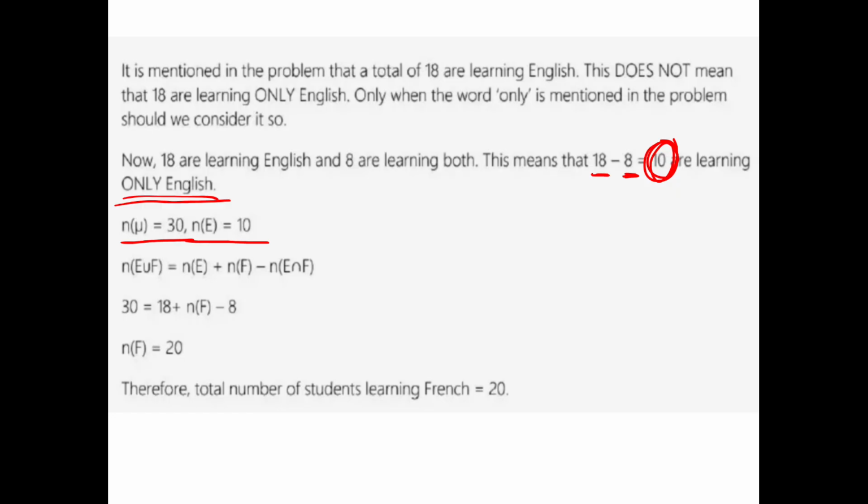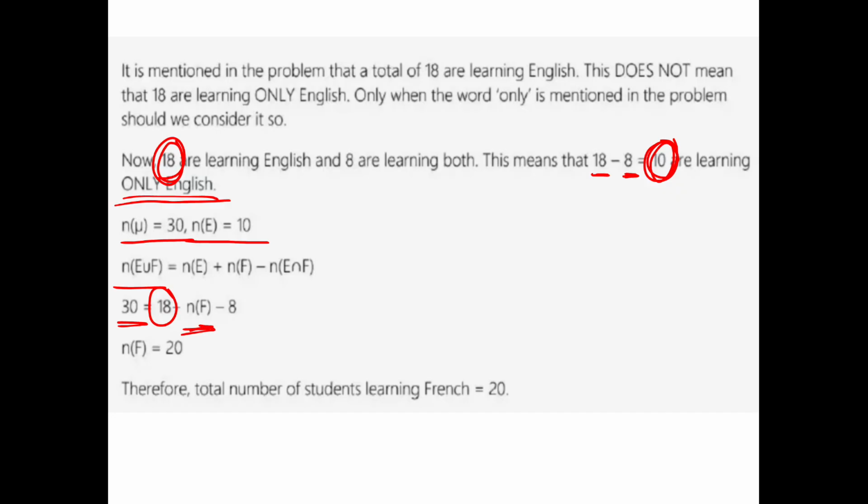Therefore, N of E union F is equal to NE plus NF minus N of E intersection F. First we have 30, which is our mu, equal to the number of students learning English, 18, plus NF.